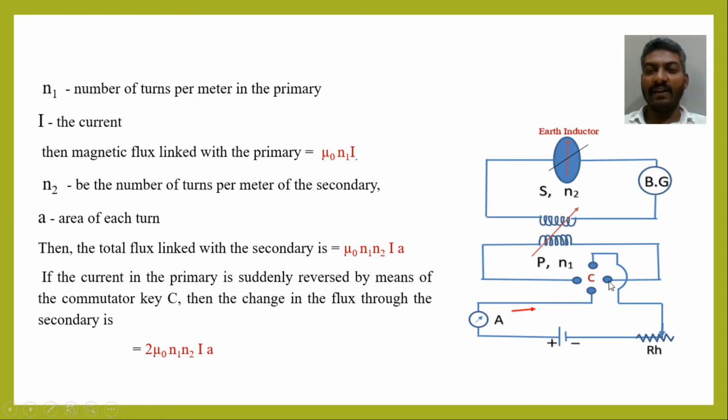When the direction of current is reversed, then the change in flux through the secondary is given by 2 times of this, that is 2 mu naught N1 N2 I into A.